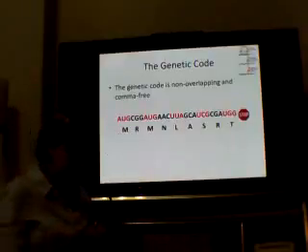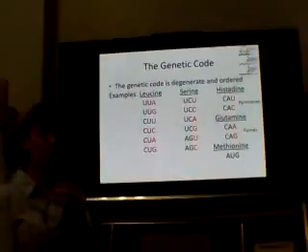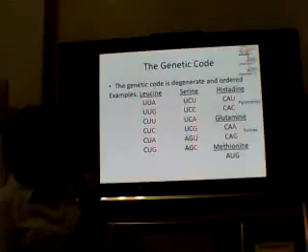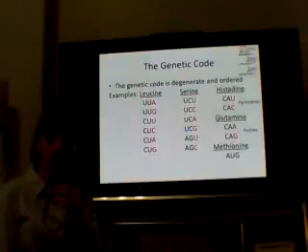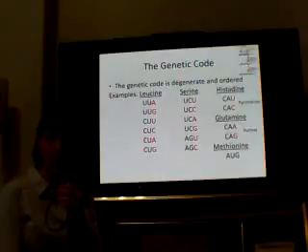All right. The genetic code is degenerate and ordered. What do we mean by that? Well, as I've shown here, some amino acids have more than 1 codon. And this makes sense because, as you remember earlier, we said that 4 to the third was 64. There are only 20 amino acids, which means there are 64 possible codons making 20 amino acids.